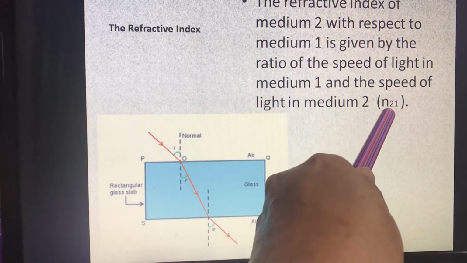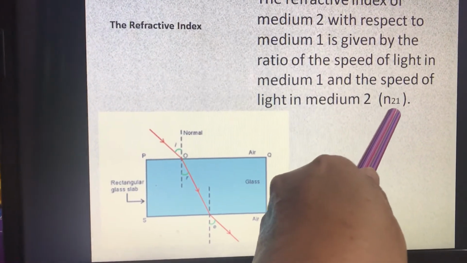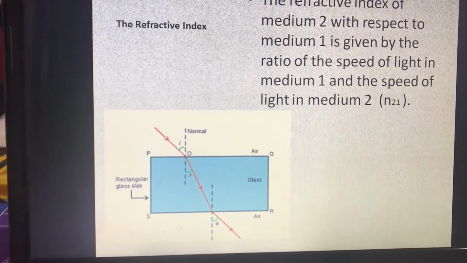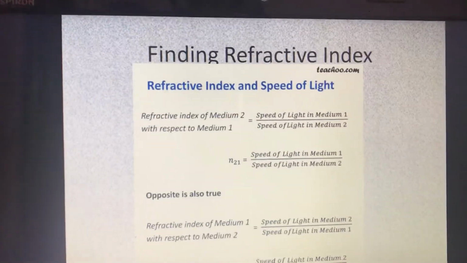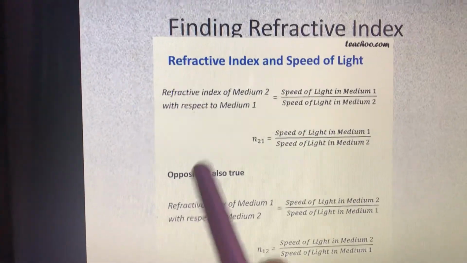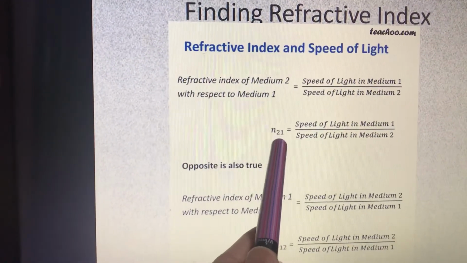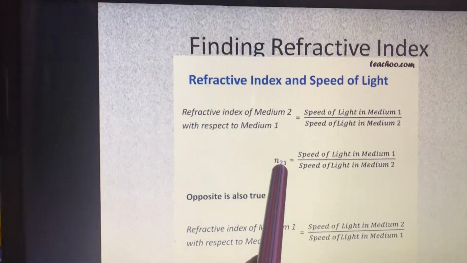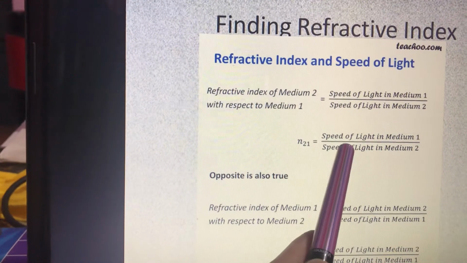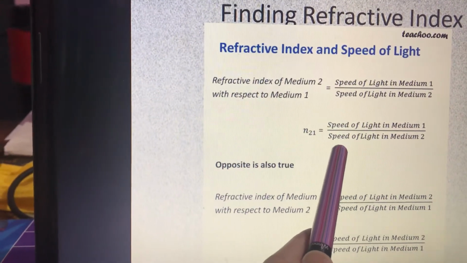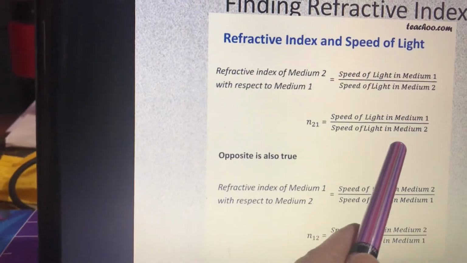It means refractive index of medium 2 with respect to 1. So this is the formula for finding the refractive index: n21 is the speed of light in medium 1 divided by the speed of light in medium 2.